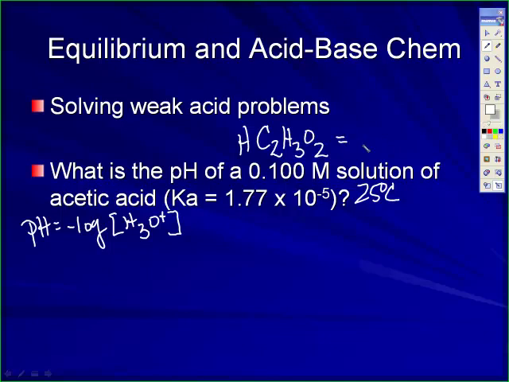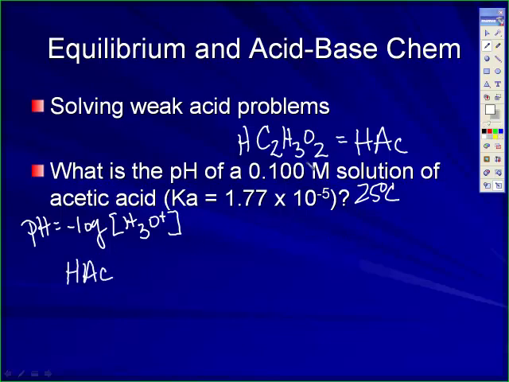Chemists are lazy, however, and so on a lot of acid formulas, instead of writing this whole thing out, they'll abbreviate the first part of this ion's name. So you might see this written as HAc, for this being the hydrogen that's going to be lost, and this being the rest of the molecule. So I'll go ahead and write HAc for this, just to simplify things.